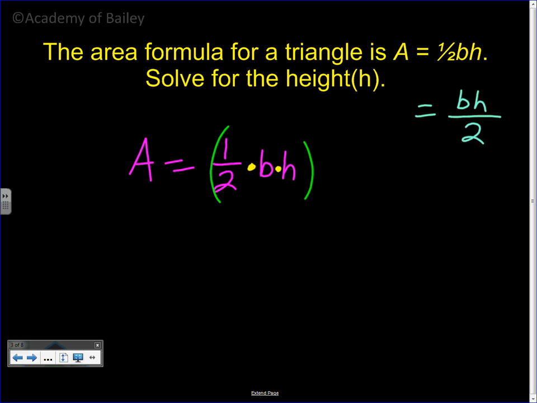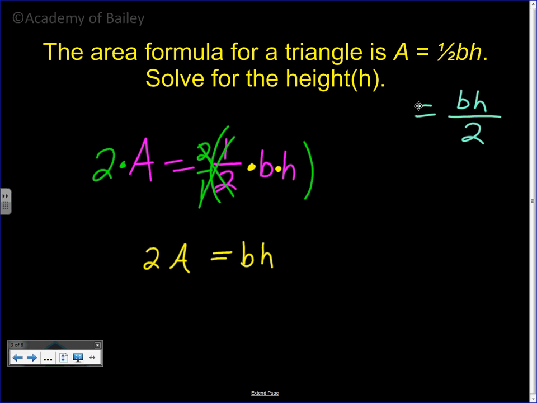You may have said divide by 1/2, but remember, when you divide fractions, you're really multiplying by the reciprocal. And the reciprocal of 1/2 is 2 over 1, which is just 2. So these cancel out here. And we are left with base times height is equal to twice the area, or 2 times the area.